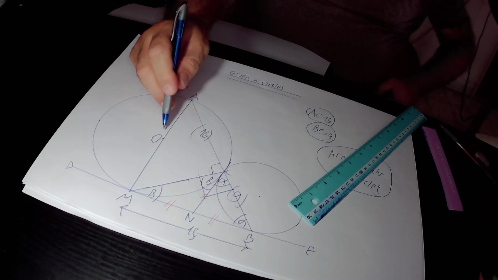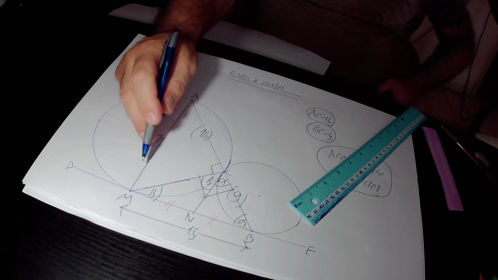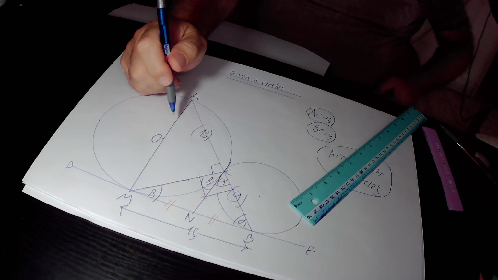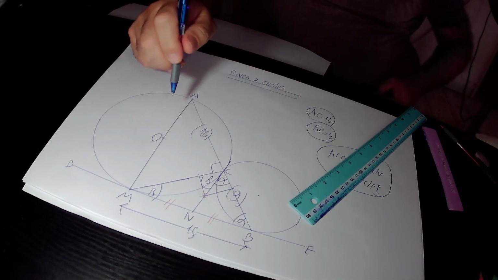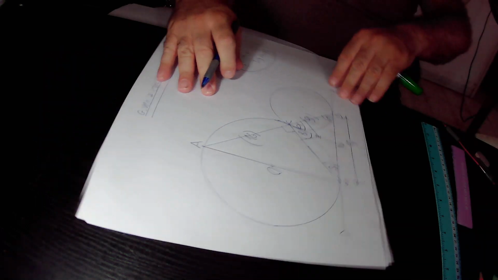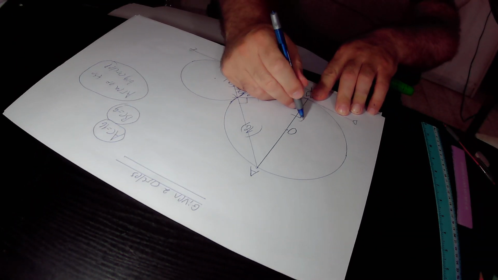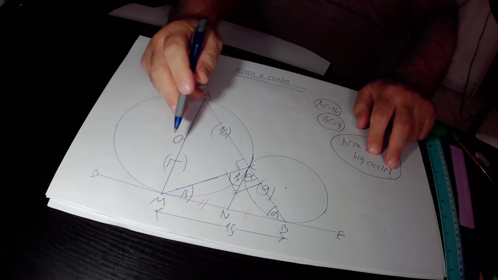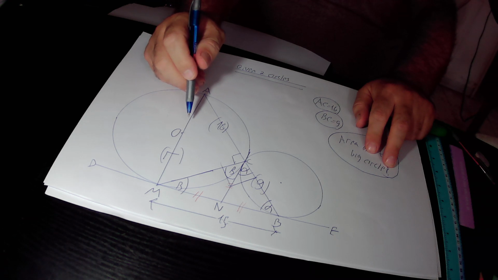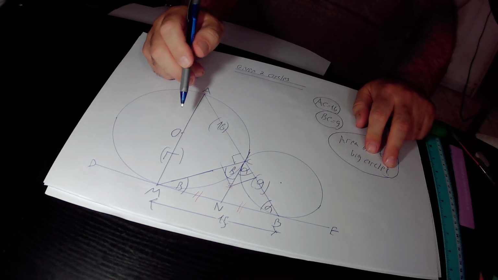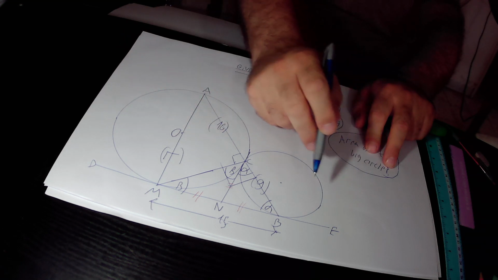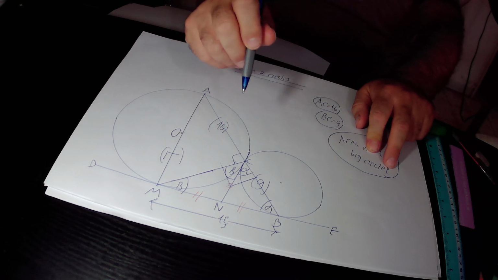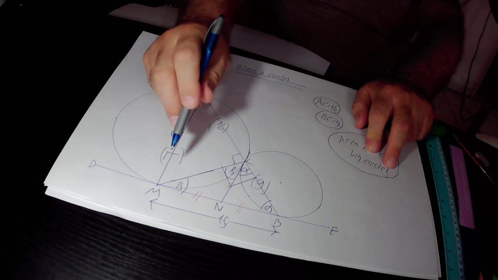So point O is the center of this big circle, and point M is a point on the circle itself, so OM is the radius of this big circle. We define the radius as R, so OM equals R. And because the radius OM is drawn to point M, that is the point of tangency of tangent DE with this big circle, tangent DE will be perpendicular to the radius MO.